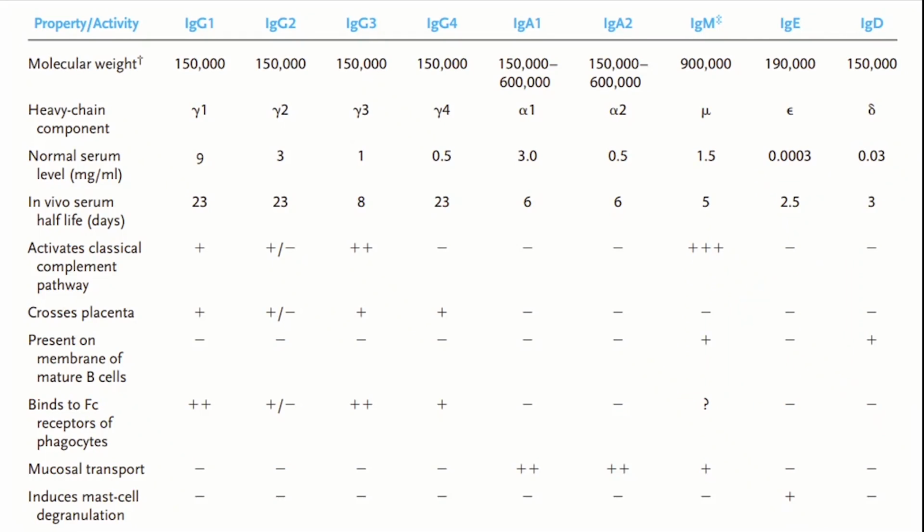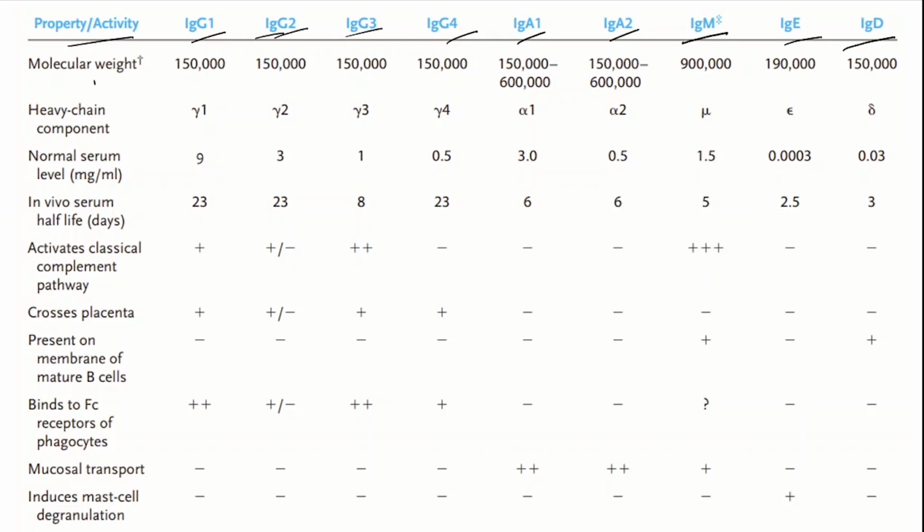Let us summarize all the things that we have studied, the types, their functions and properties, in a single table. Here the classes are given: IgG1, G2, G3, G4, IgA1, IgA2, IgM, IgE and IgD.